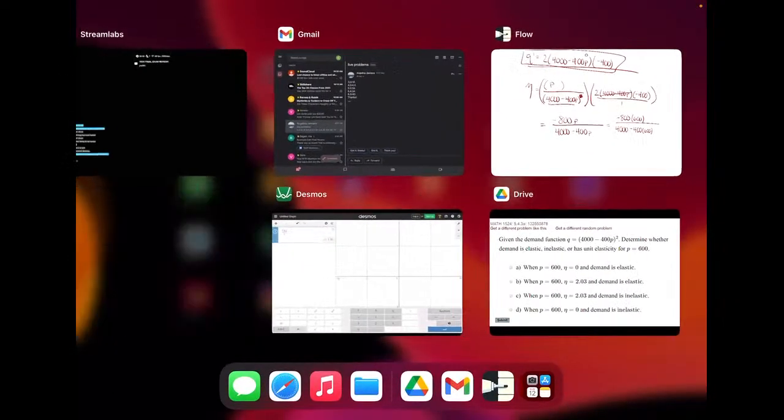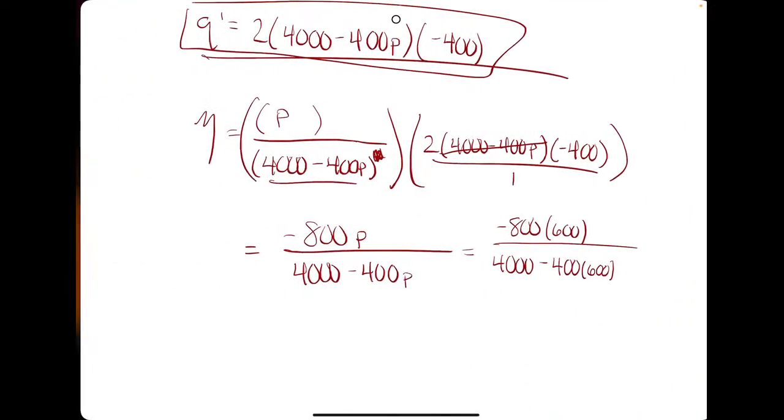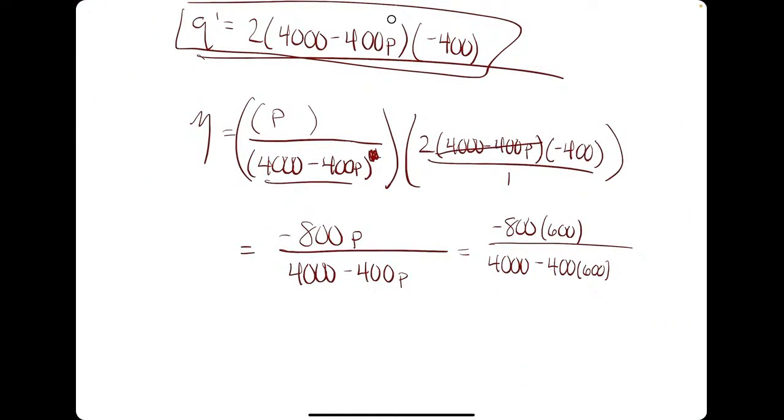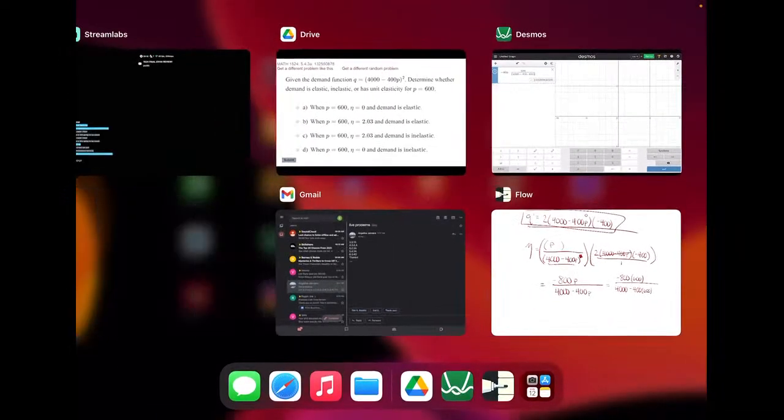Hopefully I've made no mistakes so far. We're going to pray this works. Negative 800 times 600, all divided by 4,000 minus 400 times 600. And I know the 800's not in the top, but this should still work out. So we get positive 2.03.